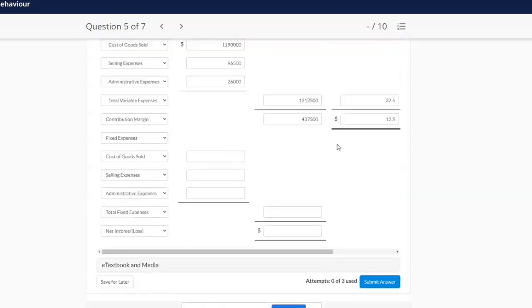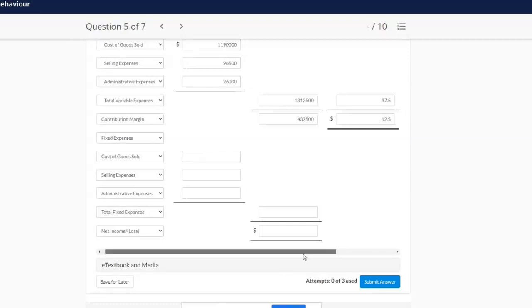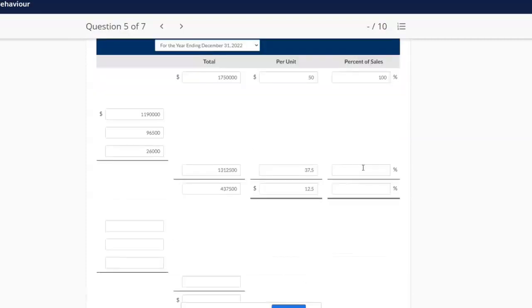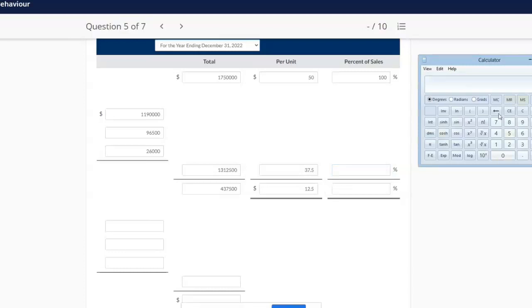All right, and then you need the percentages. Take the total variable cost as a percentage of the total sales. The variable cost ratio is the variable cost divided by the total sales.